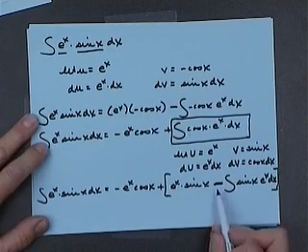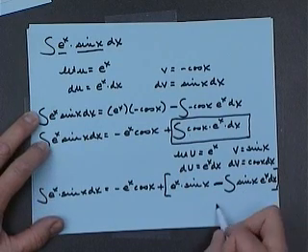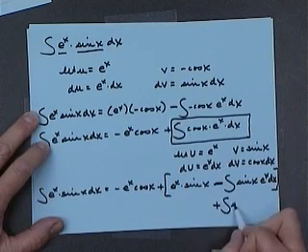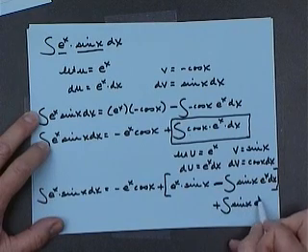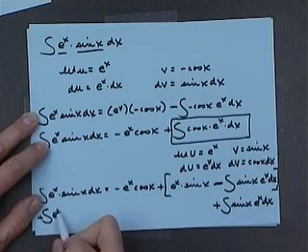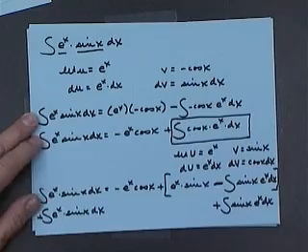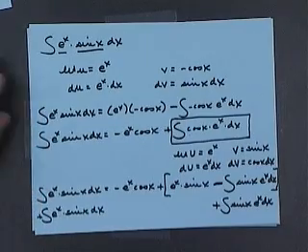Because if I want to get rid of minus this integral, what can I do? Add that integral. So I add that integral to this side. I don't think we've ever done anything quite like this before in here.